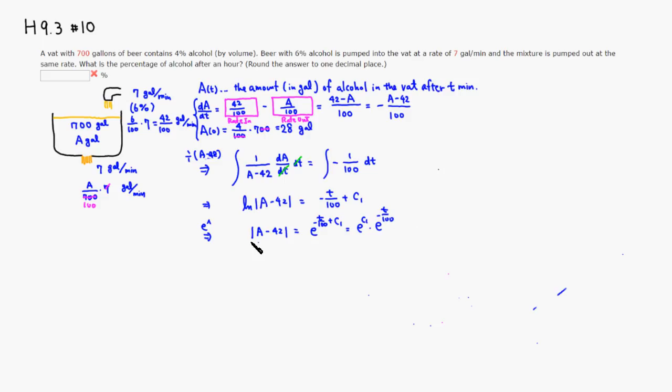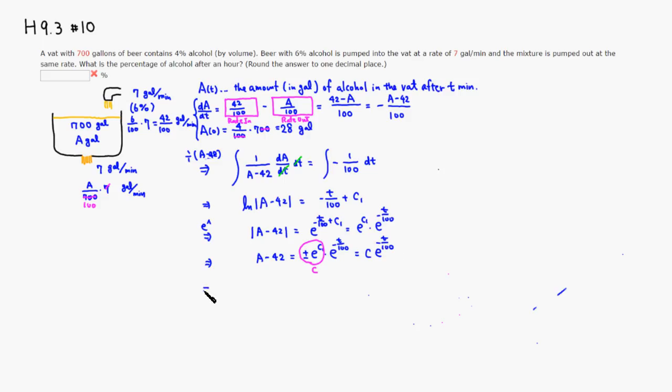We can take away the absolute value sign by considering the positive and negative versions, so plus or minus e to the C1 is just a constant, which I'll call C. This is C times e to the negative t over 100.